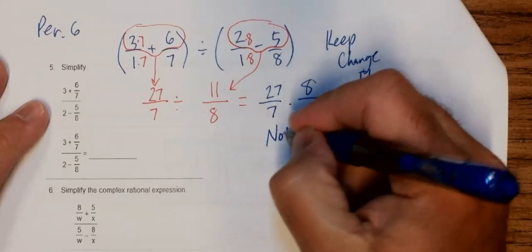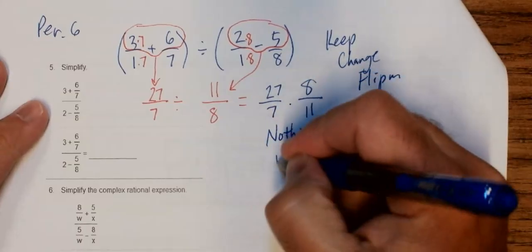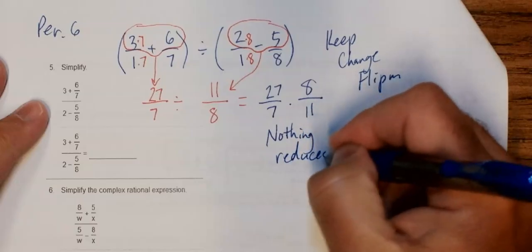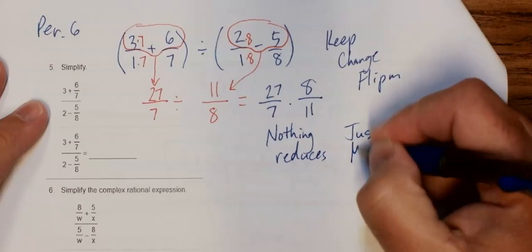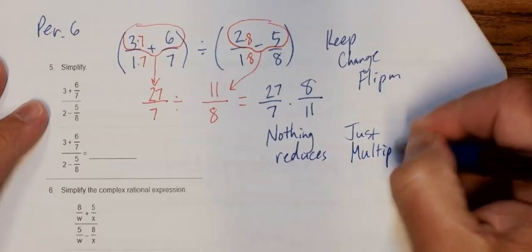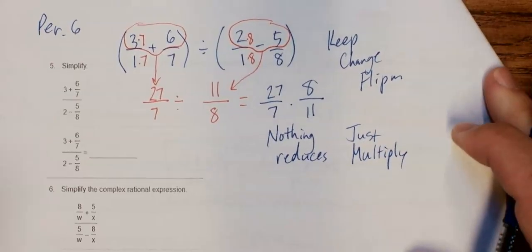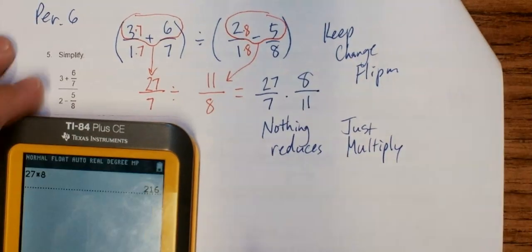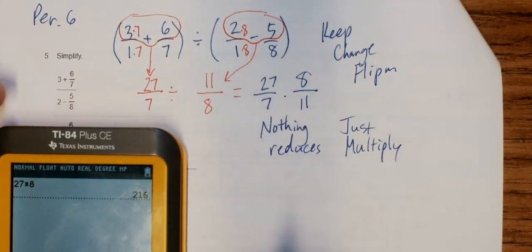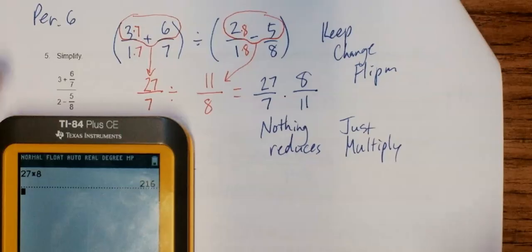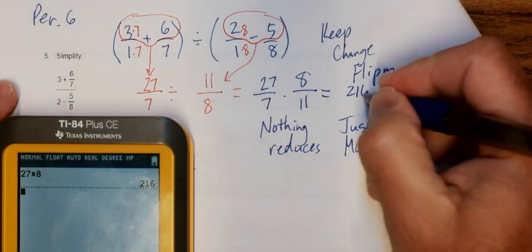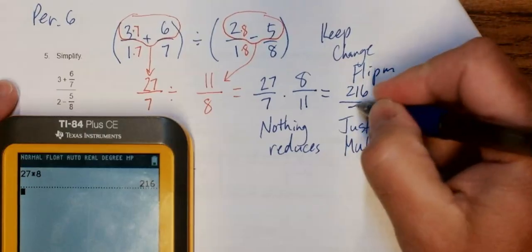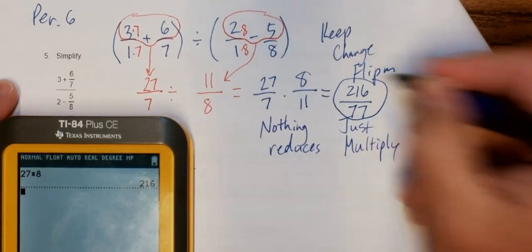Nothing reduces. Just multiply. Ooh, 27 times 8. Already had it on my calculator. 216. 7 times 11, 77. We are done with the question.